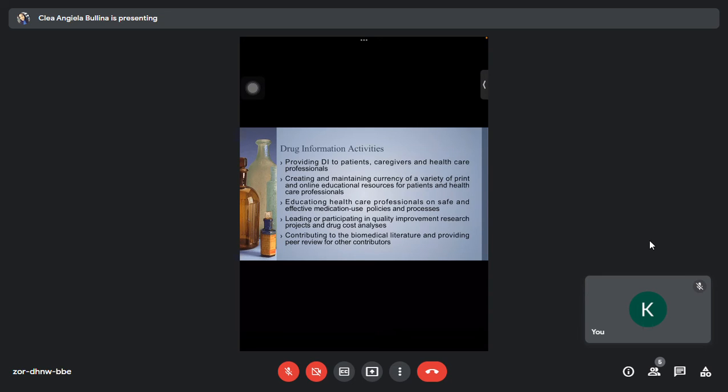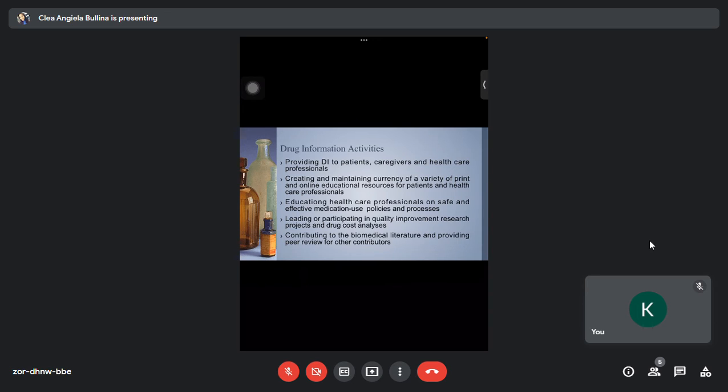Okay, we also educate healthcare professionals on safe and effective medication use policies and processes, including development of resources to communicate the information. Also, we lead or participate in continuing education services for healthcare professionals. Also, nagpo-precept din tayo, na nagiging preceptor din tayo and educator sa mga pharmacy students and residents.